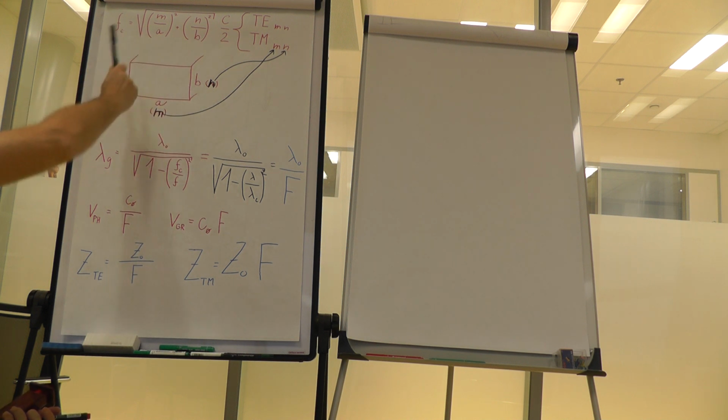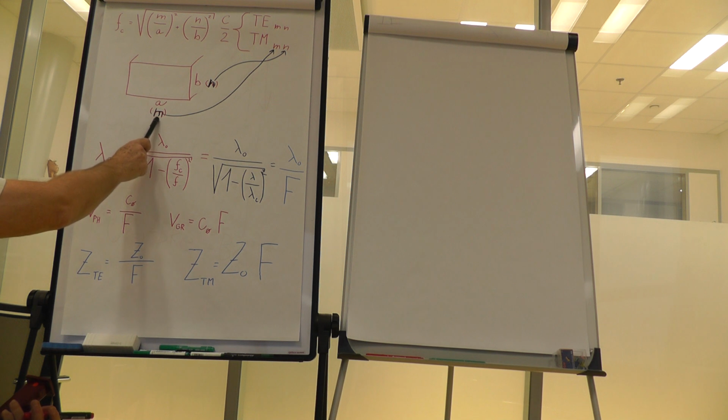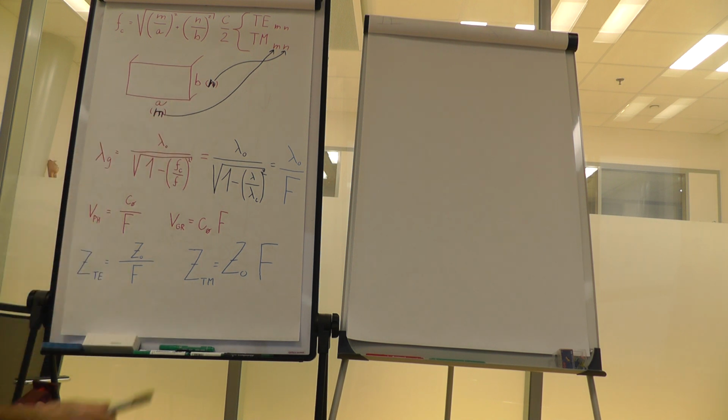The frequency is given as a square root of the sum of two squares. The first is M divided by A, so the number of half waves divided by the length of the longer side of the waveguide.